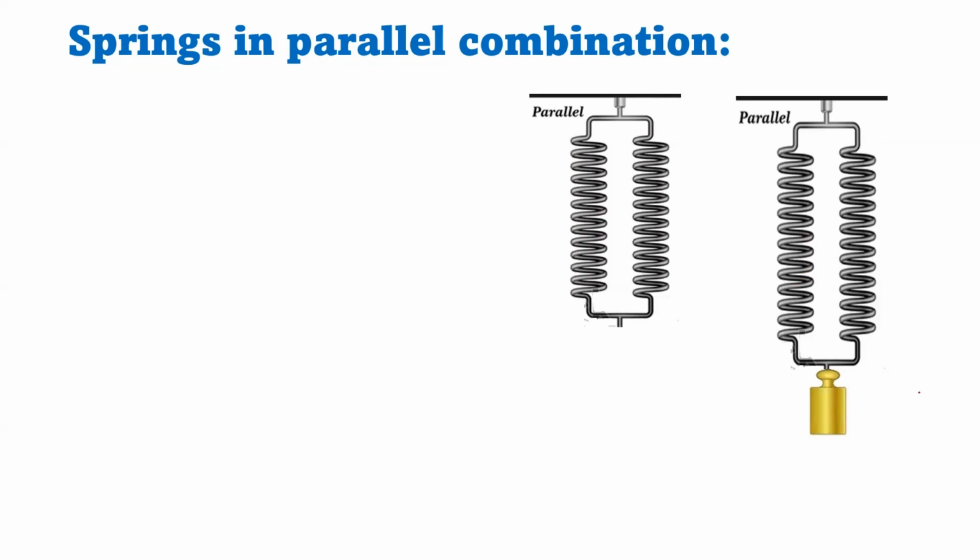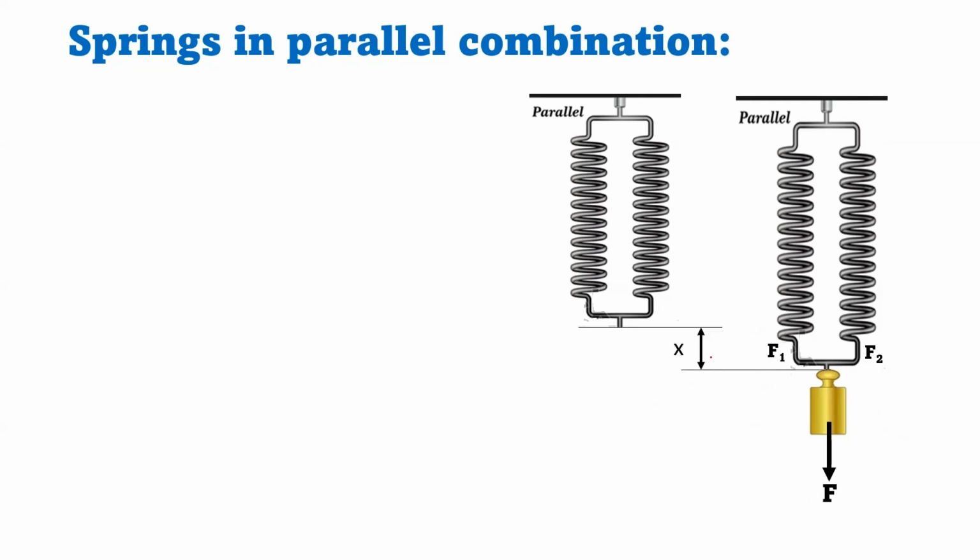So then what happens here? Because of this force, there is some elongation here. This force is divided among these two springs: along spring 1, F1, along spring 2, F2. Because of these forces, there is an elongation in the springs.